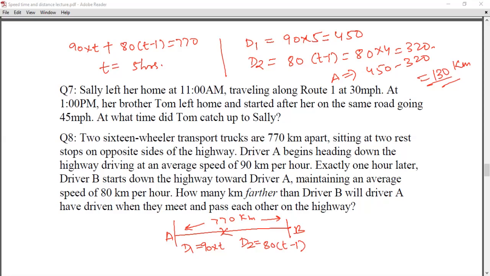These two distances must equal 770 kilometers upon addition. Once we simplify this, we get the value of t as 5 hours. After plugging in this value of t, we get the distances covered by A and B respectively. Upon subtraction, we get by how much driver A has driven farther than driver B. That's it.